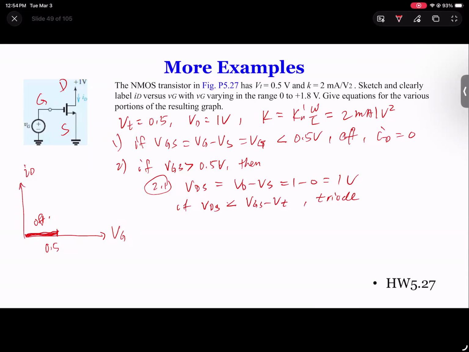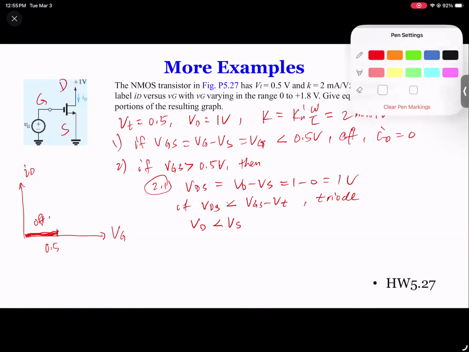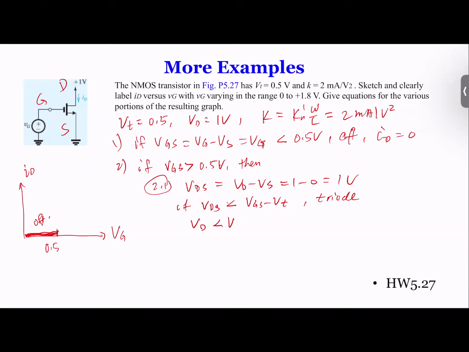And a similar example, we want to get this. So VD is same as VDS. So VD less than VGS minus VT, and VGS is same as VG. So this gives you, because VD is 1, less than VG minus VT, 0.5.